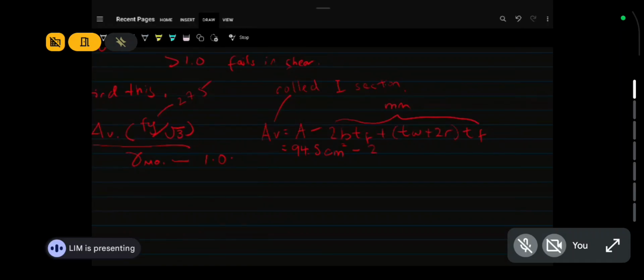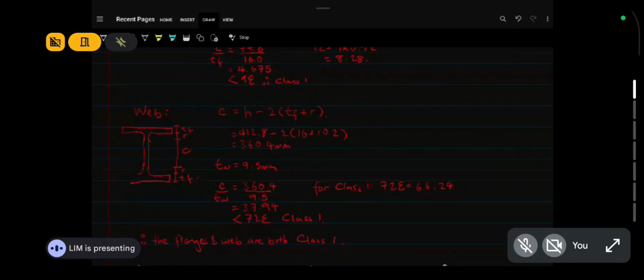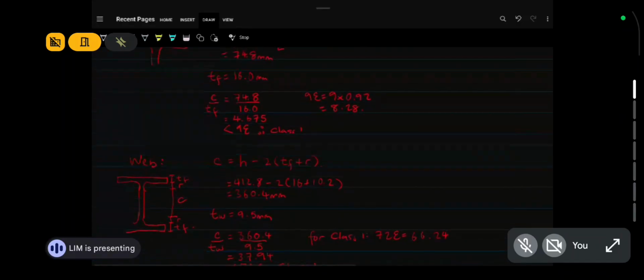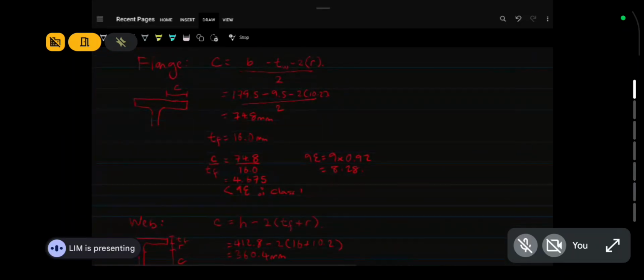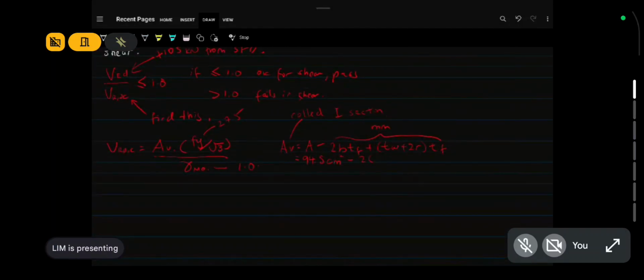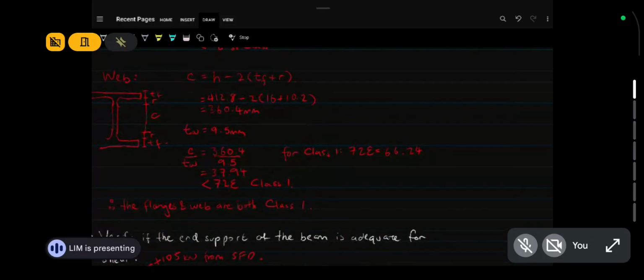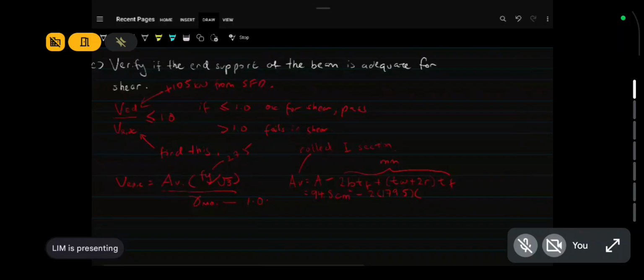So minus 2b. B we have from the classification just now: 179.5. Tf we also have from the classification: 16.